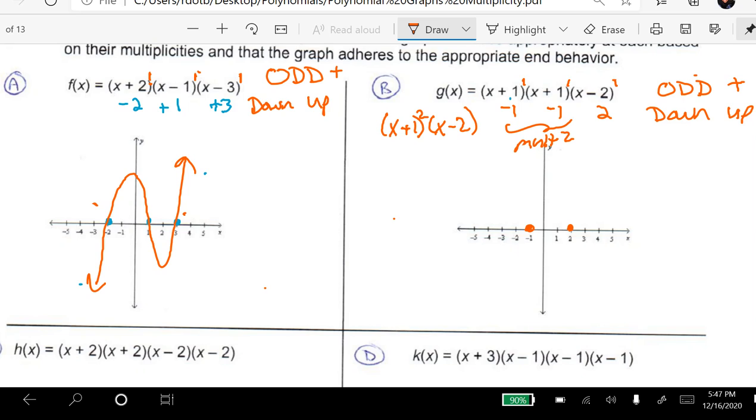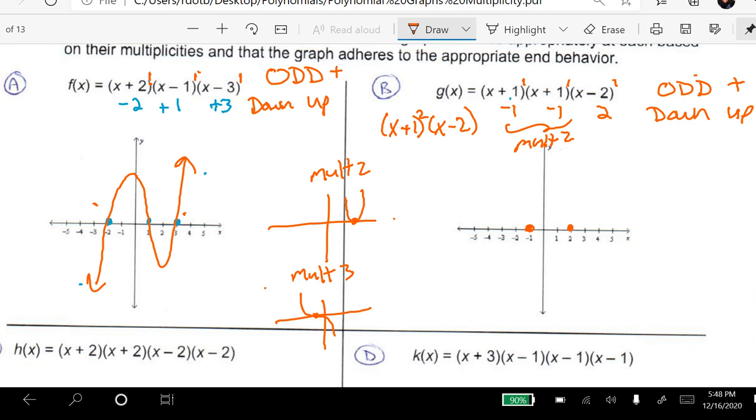You need to be comfortable with seeing it different ways. For different problems, it can be expressed either way. So remember what it means to have that multiplicity of 2. A multiplicity of 2 is going to look like that when we get to that value. A multiplicity of 3 is going to look like that when we get to the value. So keep that in mind.